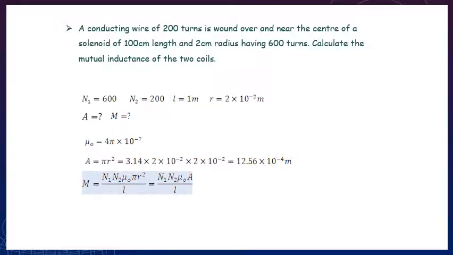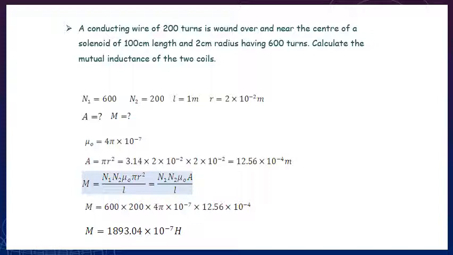After this, you will find out your mutual inductance. So that is the formula for mutual inductance. The remaining is only substitution. N1 is 600, N2 is 200, 4 pi into 10 power minus 7 is your mu naught value, into 12.56 into 10 power minus 4 is your area value.